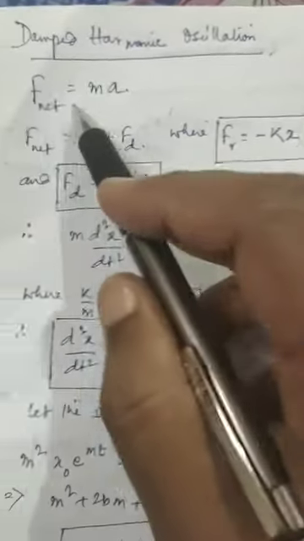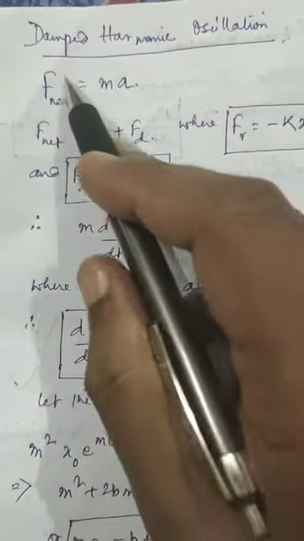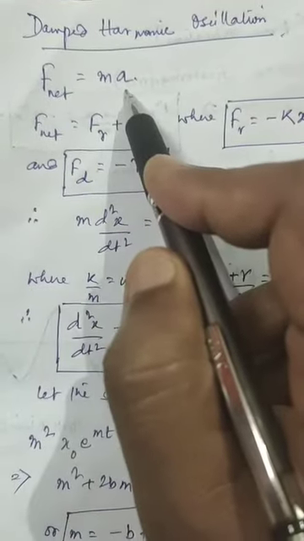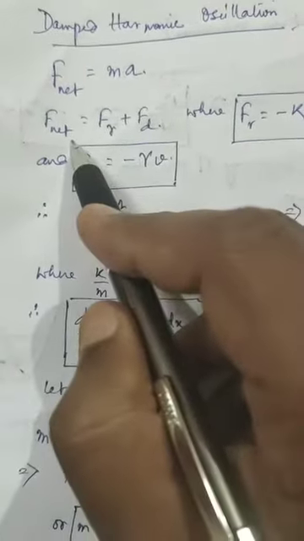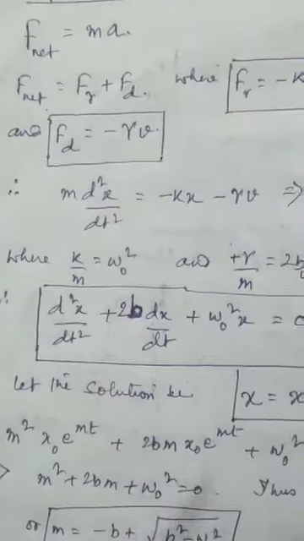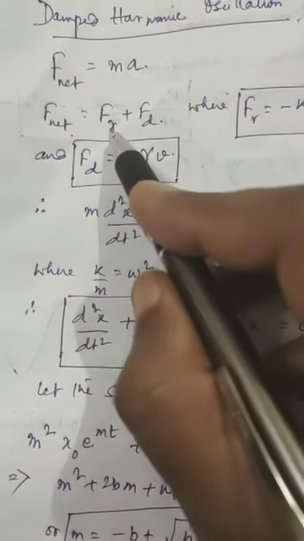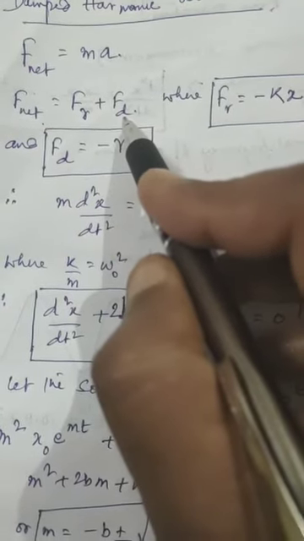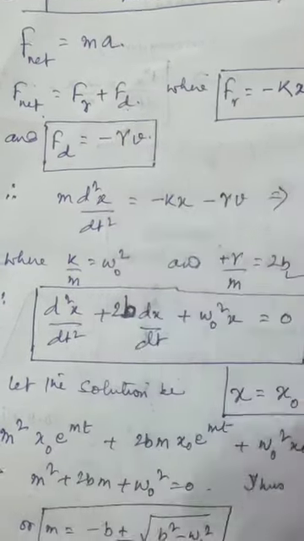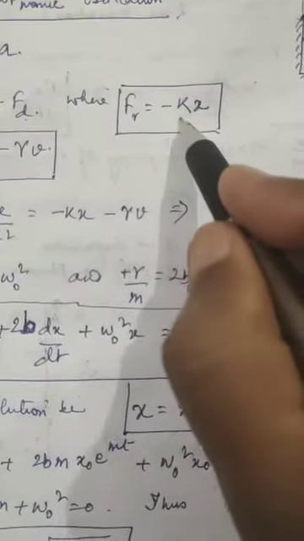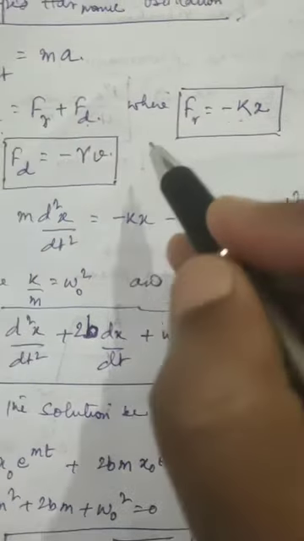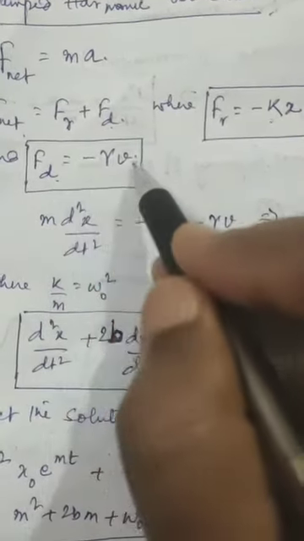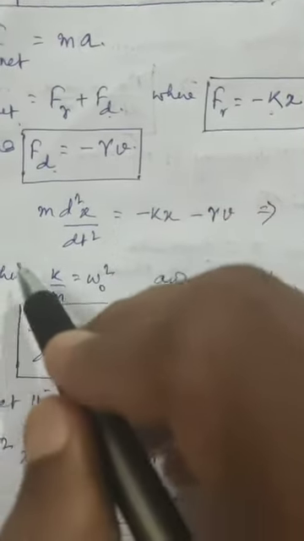So now again we have, from Newton's laws, the net force must be equal to mass into acceleration. Here the net force on the mass would be the restoring force Fr, which is due to the spring, and there will be a damping force present which I'll call Fd. The restoring force is as it is, minus kx, and the damping force is always proportional to the velocity.